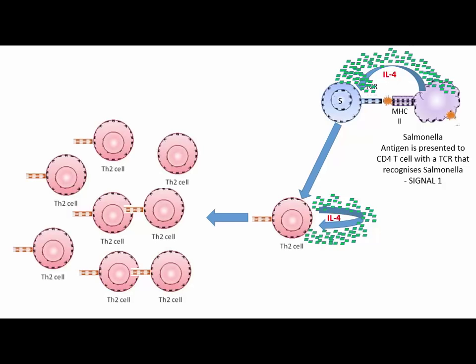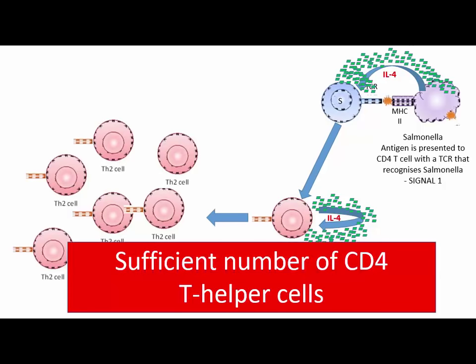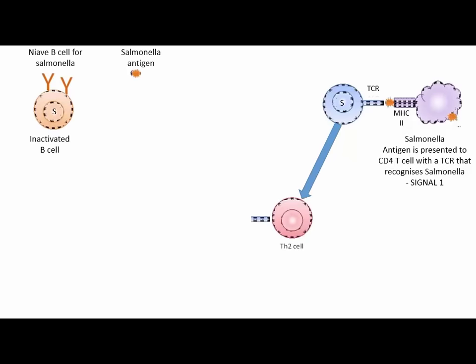And at that point, we need then to activate the effector cell. Okay? And this is how it happens. So again, pause at that point. We have sufficient numbers of Th2 cells. Put that to the side.